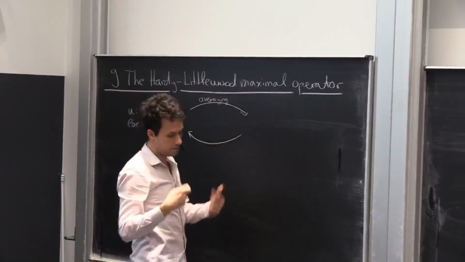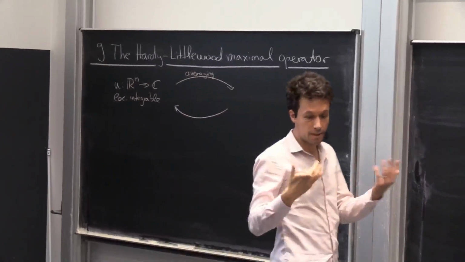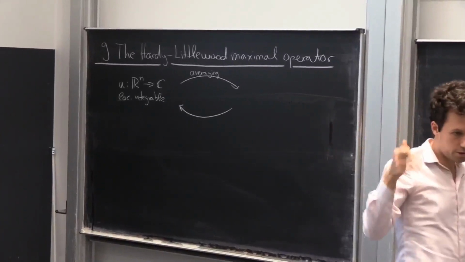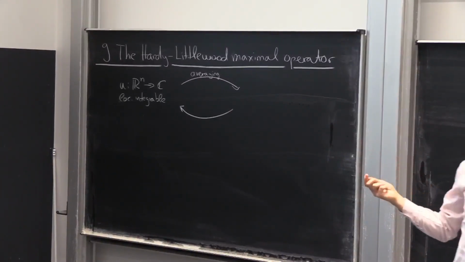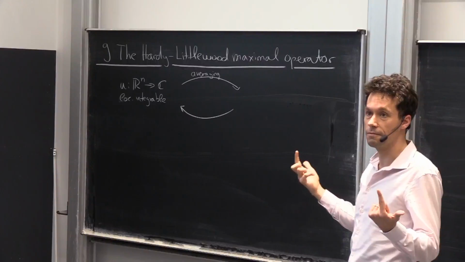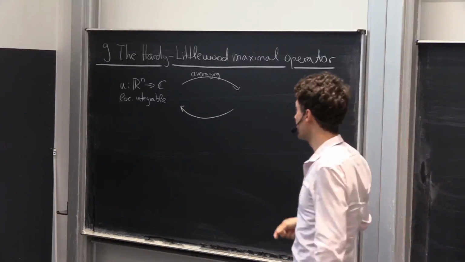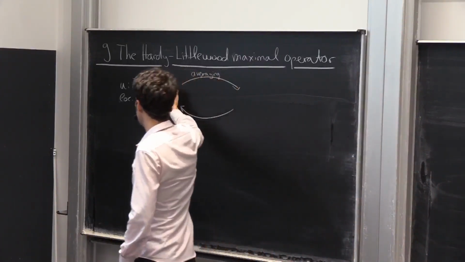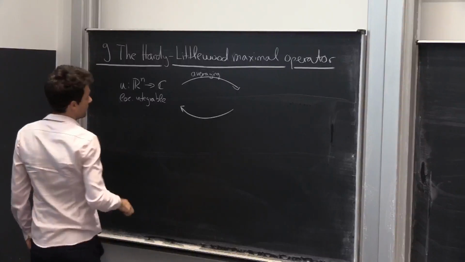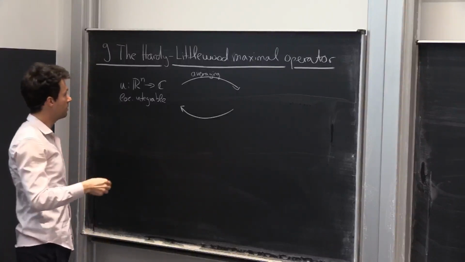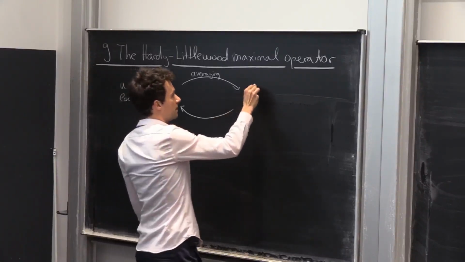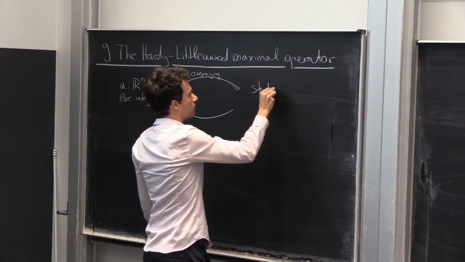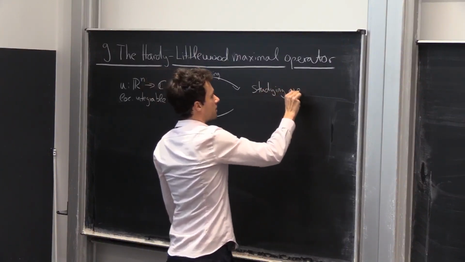I'm going to tell you in a second what I mean by average, but just let your intuition do the thing for you and imagine what you intuitively would think an average is. And then the idea is that properties of this locally integrable function u can be deduced by studying averages of u.